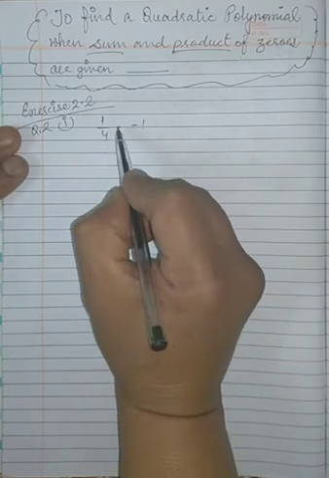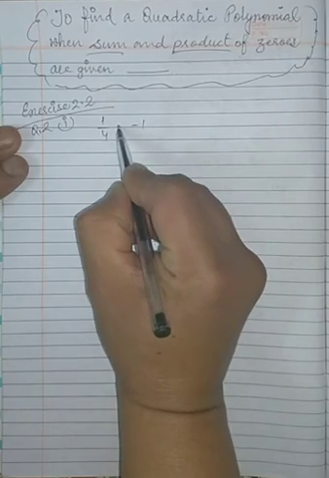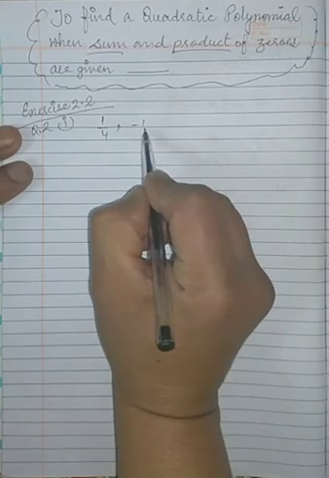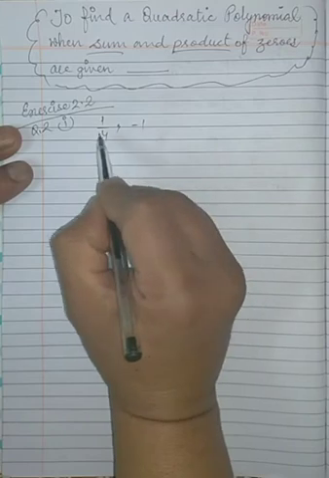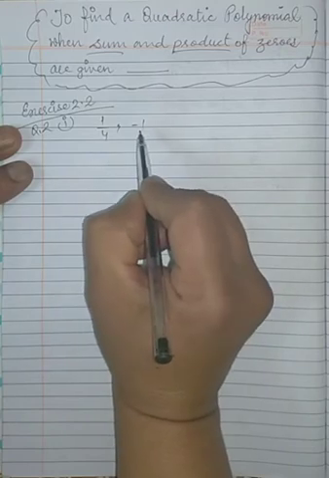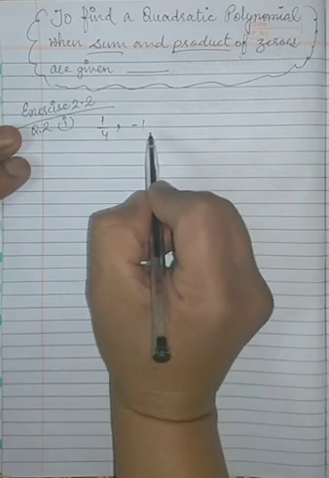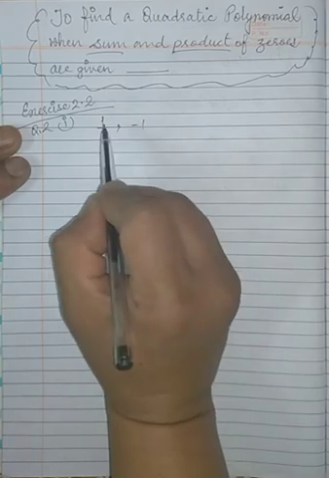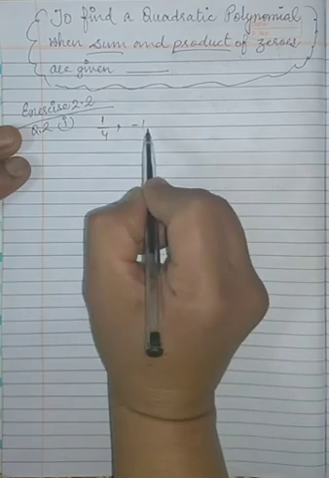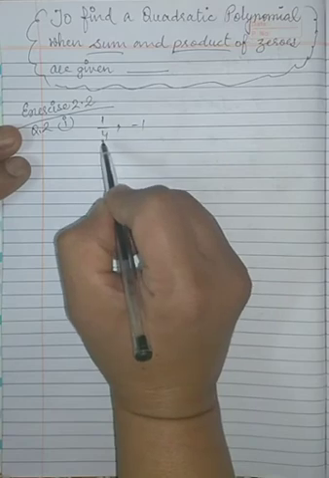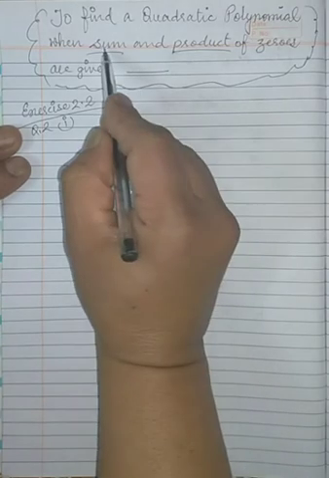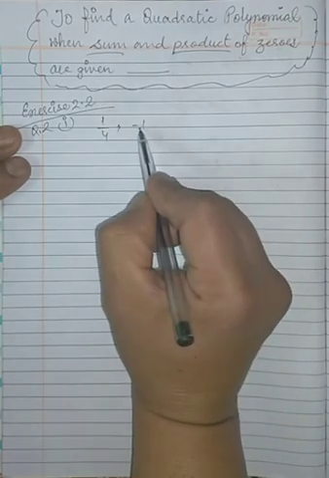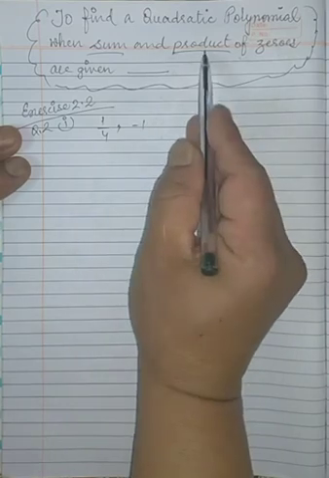Now whenever you solve questions like this, always keep one thing in mind: don't assume that these two values are alpha and beta. These are not alpha and beta. They are representing the sum of zeros and product of zeros. First number 1 upon 4 is representing the sum of zeros and minus 1 is representing the product of zeros.